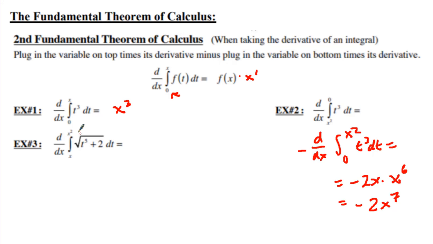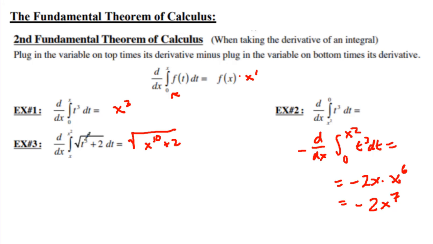This last one right here, we're going to plug in that x squared into the value right here. We're going to be plugging in this x squared to this t value right there. We get the square root of x to the 10th power plus 2.